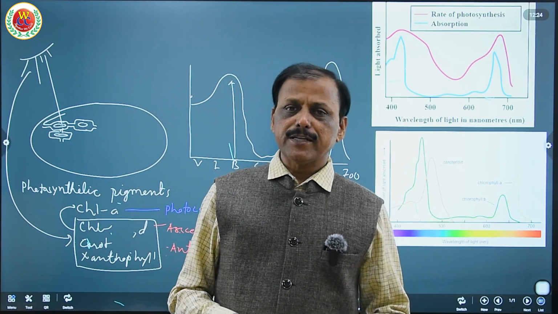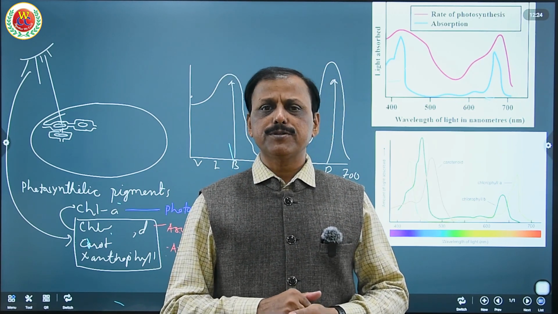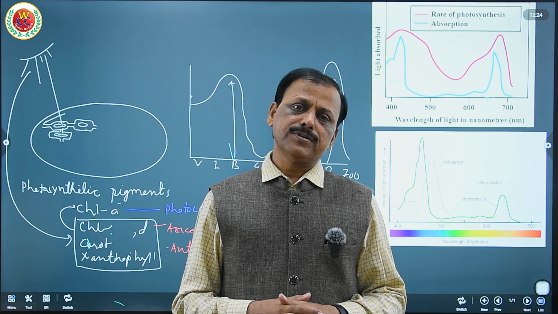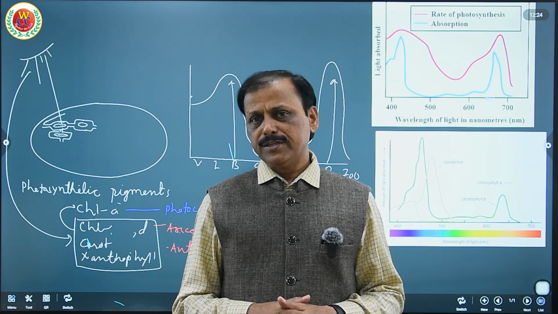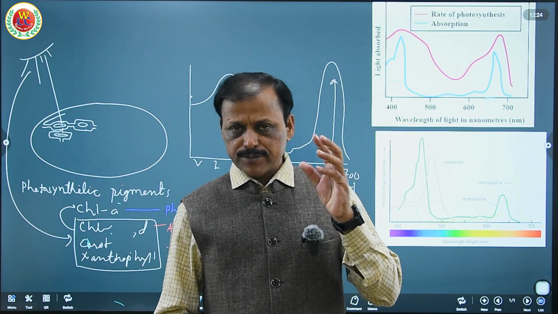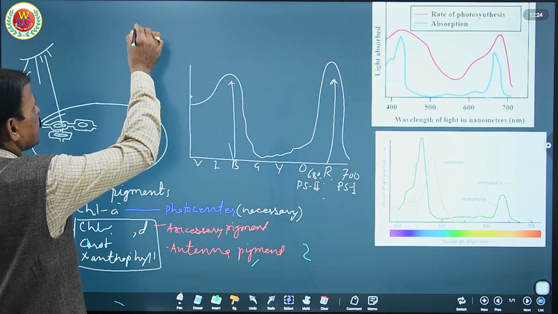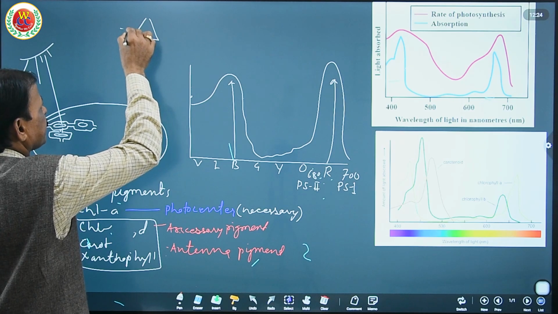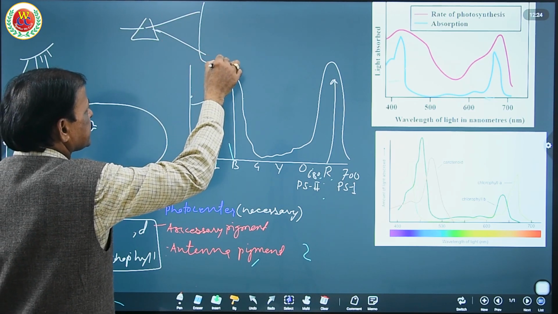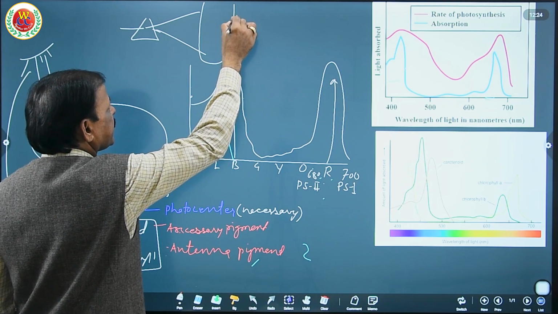And Engelmann also showed that bacteria were found more in number in the red area when Cladophora was grown in a test tube with the necessary conditions available, and white light was passed through a prism to split into seven colors: V, I, B, G, Y, O, R.